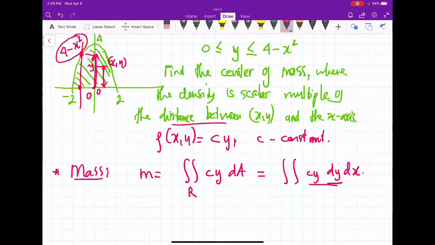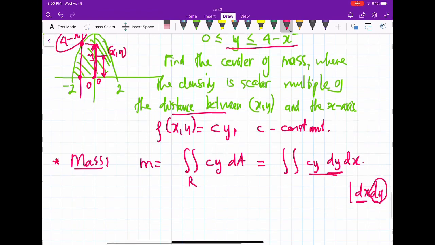Make sense? In this order, it's easier to find that, because you don't have to solve for the x. If you write in the form dx dy, you have to fix y and then solve for the x. That takes more time, because right now you already have the function y equal to 4 minus x squared.